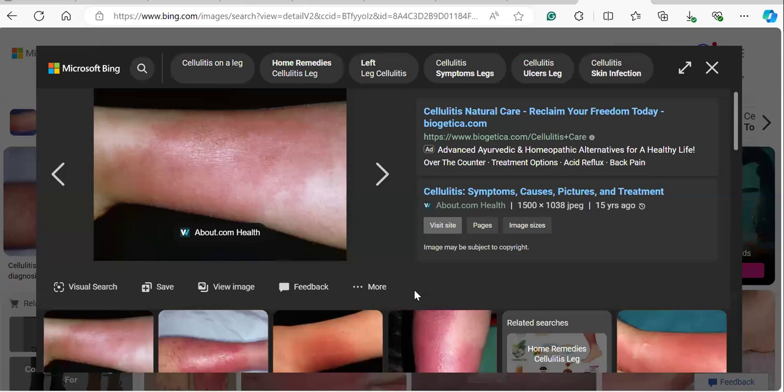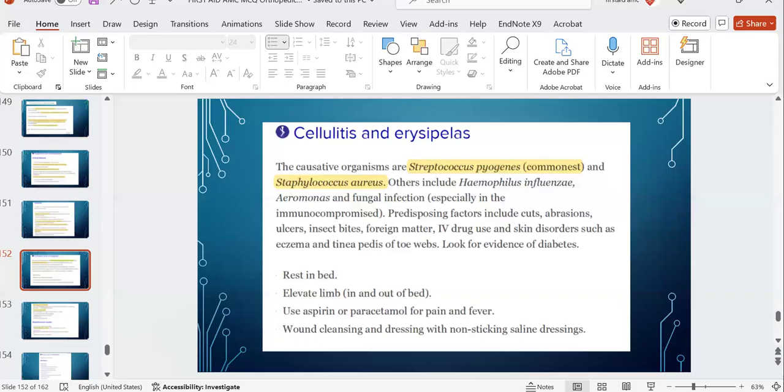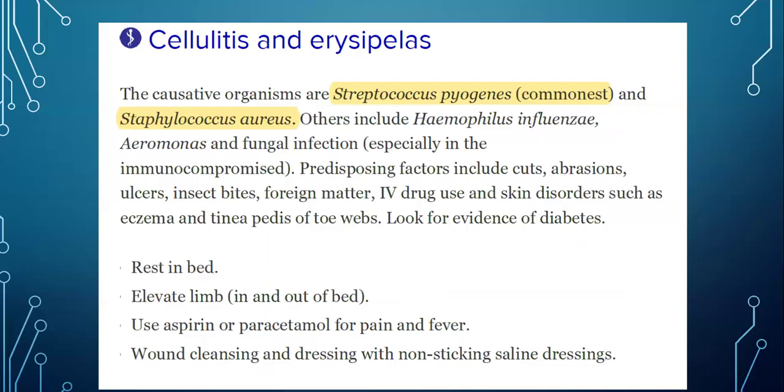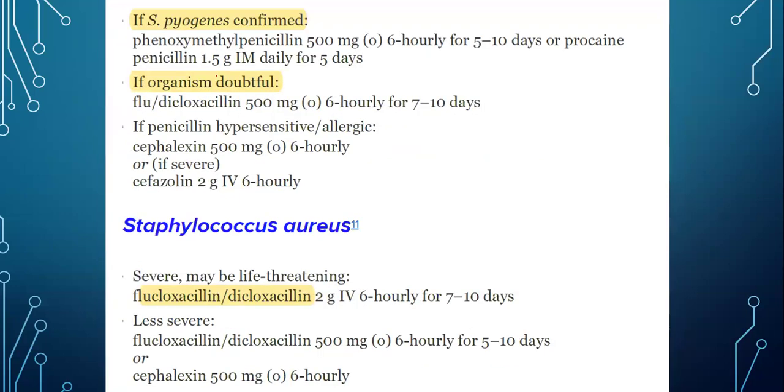Okay, so a red, hot, tender, swollen area in the leg. Most of the time, it is due to Streptococcus pyogenes or Staph aureus. For this kind of patient, you will need to ask the patient to elevate their leg to reduce the swelling, give some paracetamol for the pain and fever, and put them on antibiotics, so phenoxymethylpenicillin or dicloxacillin or flucloxacillin. Okay.